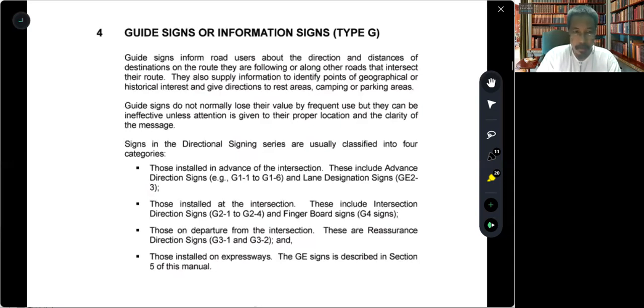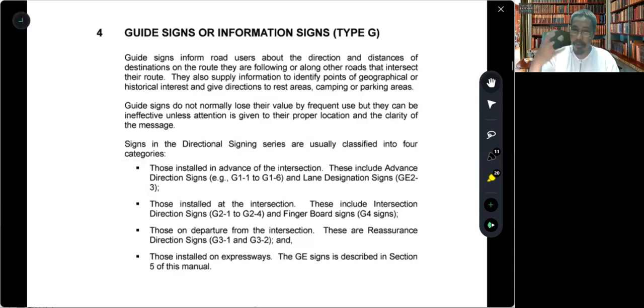Another category is those installed at the intersection itself. These include intersection direction signs, G2-1 to G2-4, and fingerboard signs. That means G4 signs. Another third one, those on departure from the intersection.